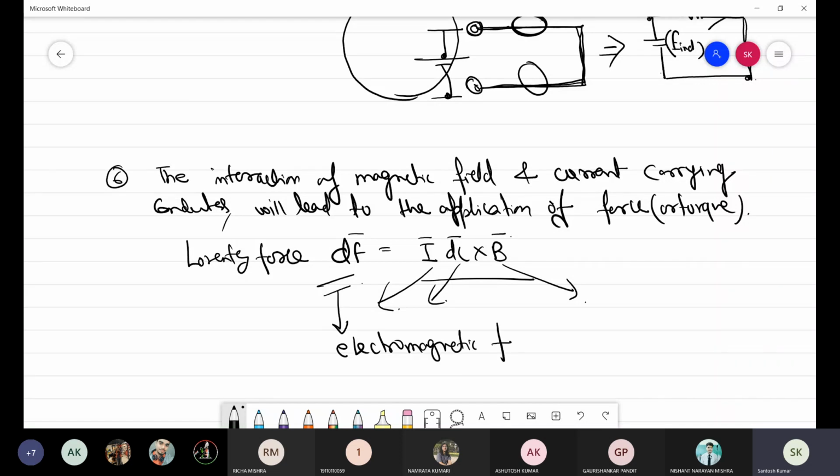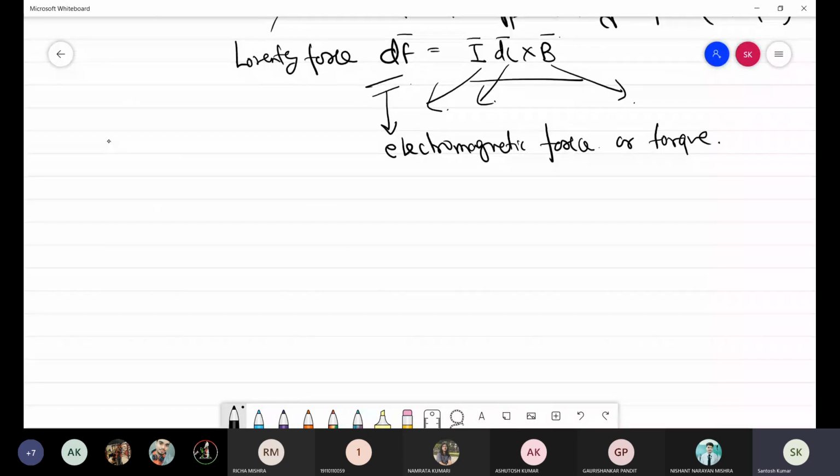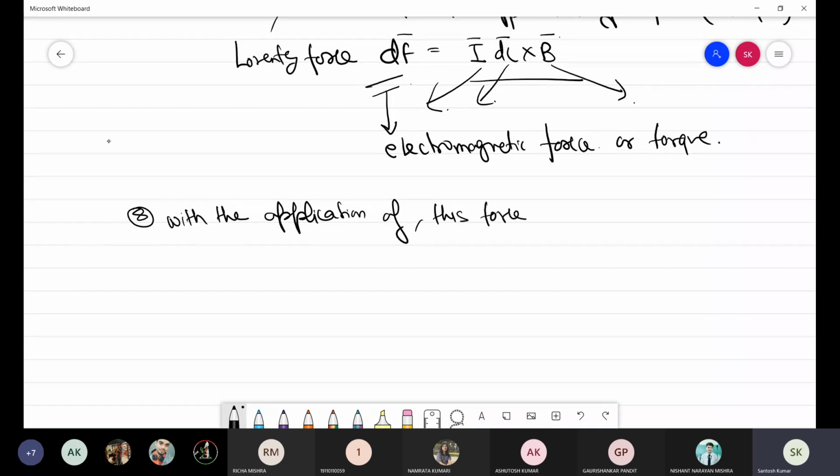So with the application of this force or torque, the rotor starts rotating. 8th point is with the application of this force or torque the rotor starts rotating.